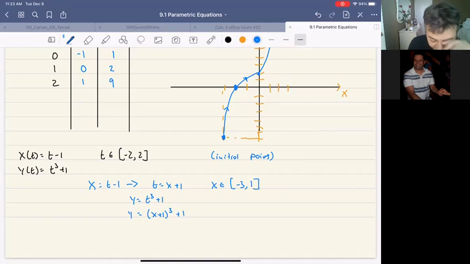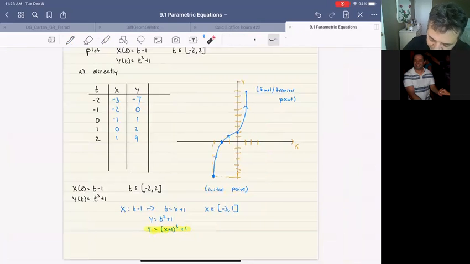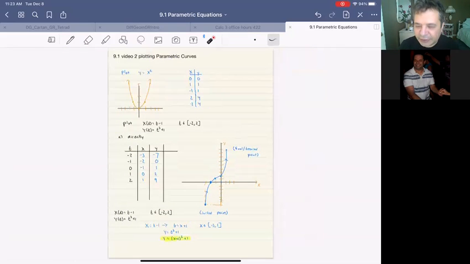From the equation x equals t minus 1, if t goes from -2 to 2, -2 minus 1 is -3, and 2 minus 1 is 1. That's another way to graph it, and you can see this graph does look like y equals (x plus 1) cubed plus 1, where x goes from -3 to 1. All right, I'll see you all in the next video.